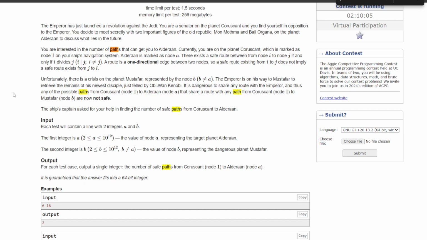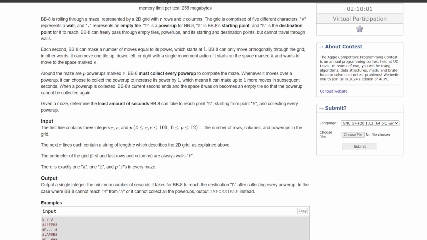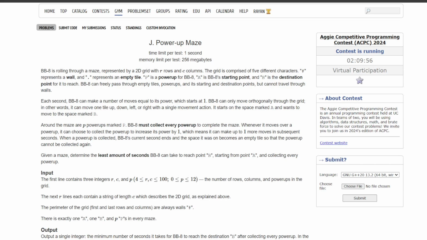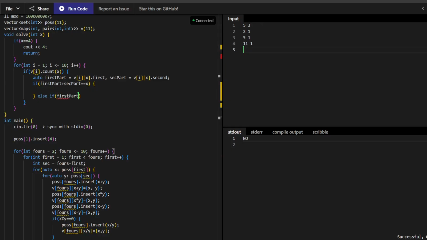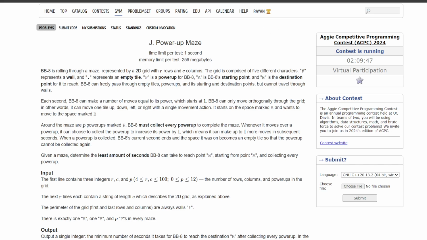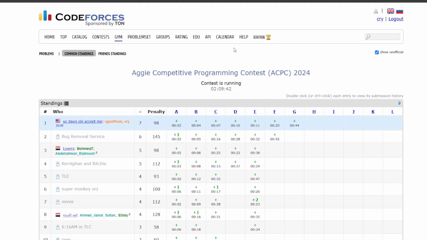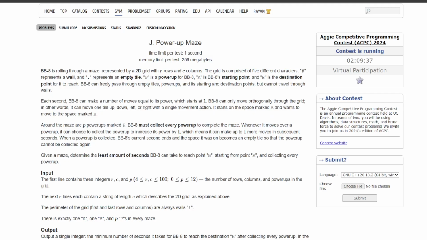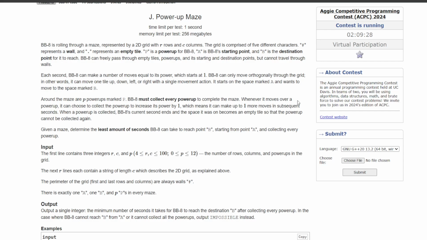Okay, after you do this one, I'll need you to confirm my idea for I. Hey, J is really similar to the series codes probably.